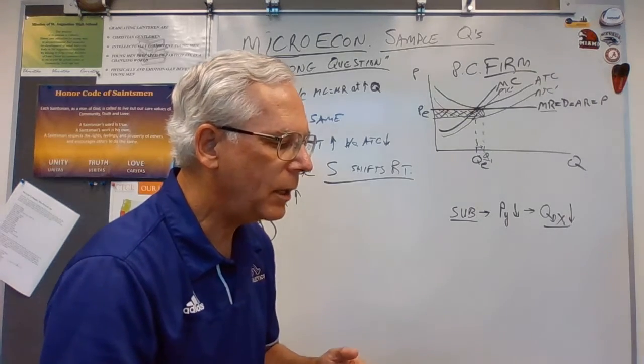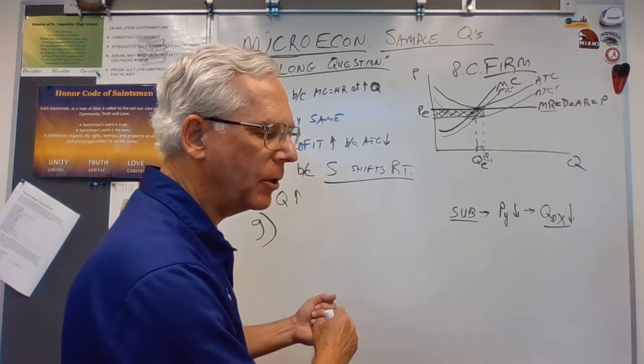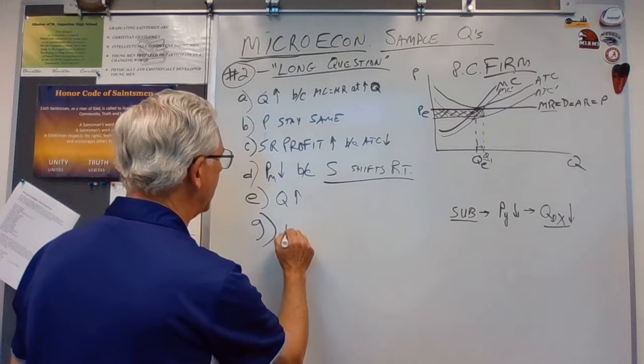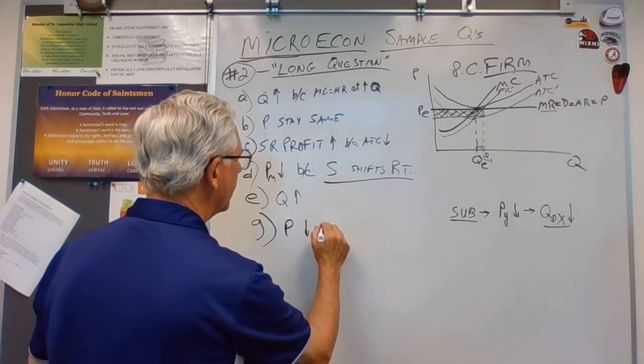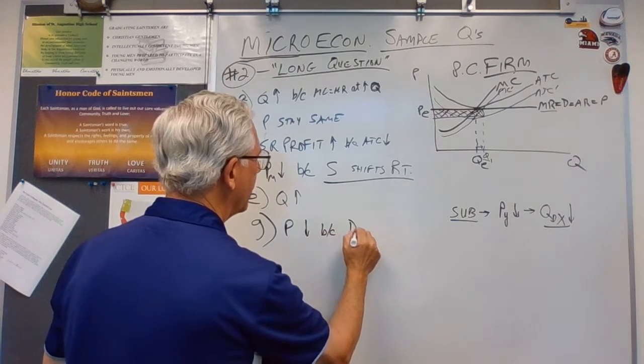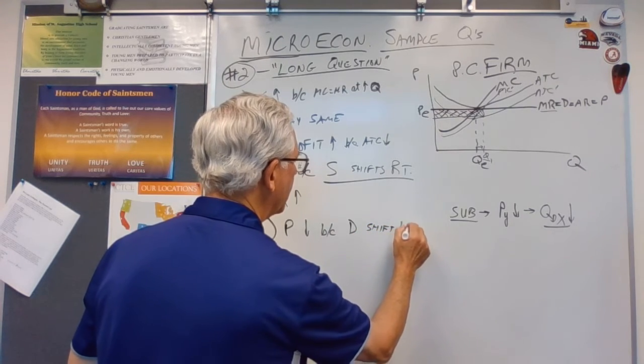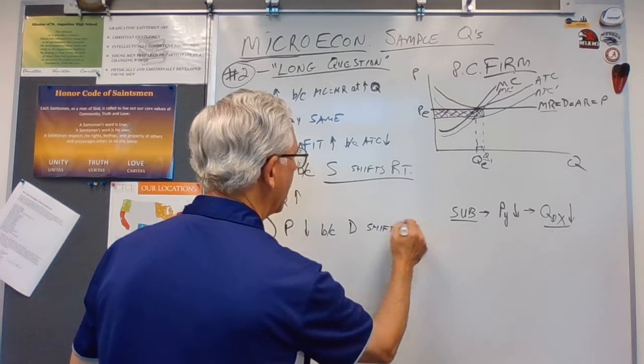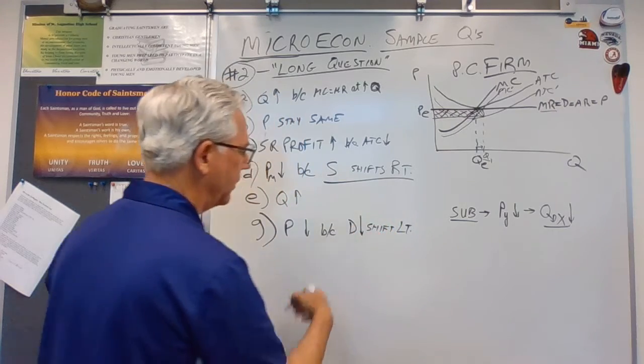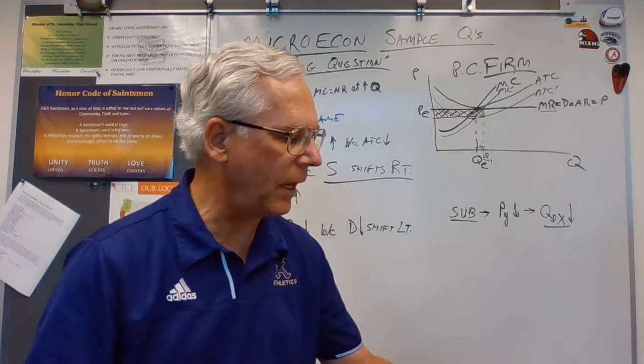So the quantity is going to shift to the left. It's going to be reduced, and therefore the price of nectarines goes down because the demand shifts left, L-E-F-T. You could say just demand goes down, which means a shift to the left.